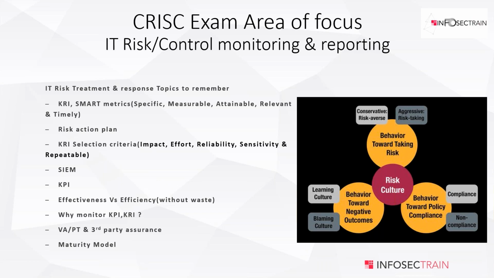Definitely effectiveness, efficiency, that we will understand. From a waste and value stream perspective we can consider how we can avoid that, how the effectiveness of control is adding to my overall risk posture, and all things are there. We will do VAPT, third party assurance, we run through various maturity models and so on.